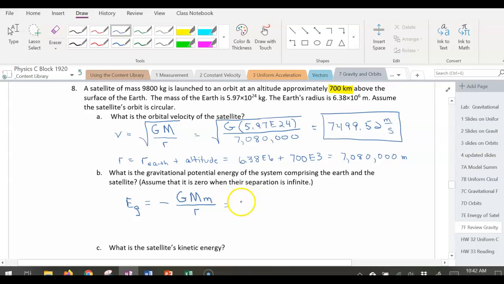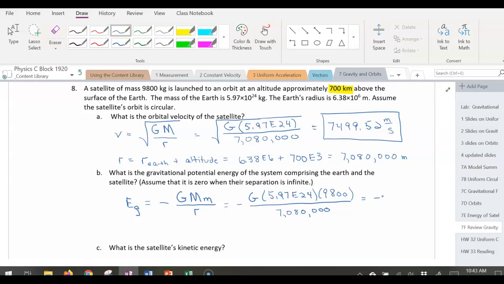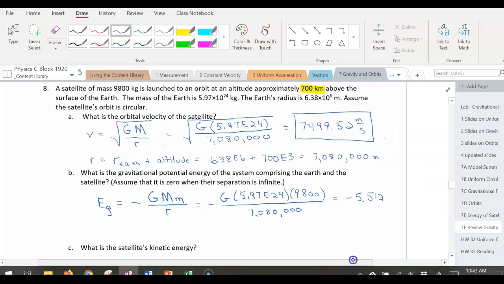And so we could find this, and it equals 5.512 times 10 to the 11th joules.